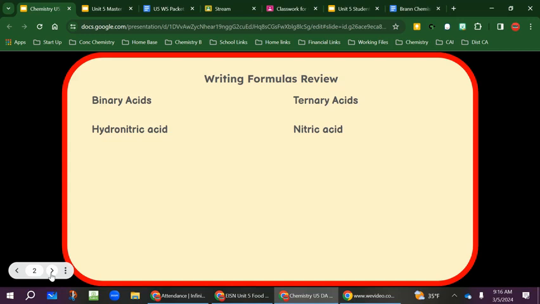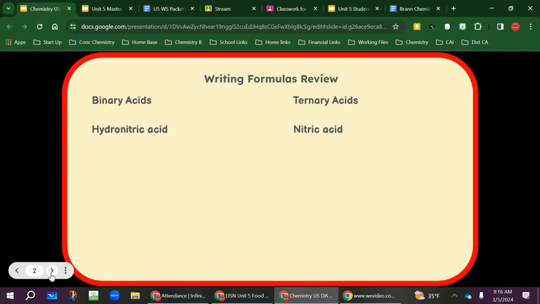Now, what element has to be in every acid? Hydrogen. Every acid that we will give you in this class will begin with the element hydrogen, whether it is binary or whether it is ternary. Binary, we kind of see that because the name begins with hydro.